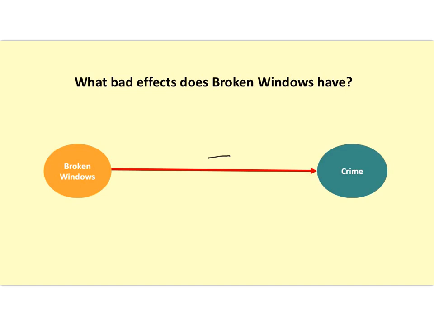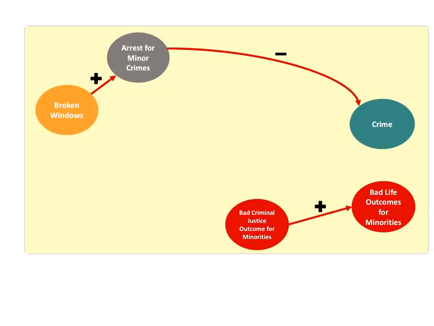So first of all, we have to say, what are the exact outcomes that people are talking about? So here is the original idea of Broken Windows, the idea that it would reduce crime. But here are the reasons that it got criticized and that it's being so criticized now. The idea is that it resulted in bad criminal justice outcomes for minorities that were unjustified, where non-minority young men who did the same things wouldn't experience such bad outcomes.